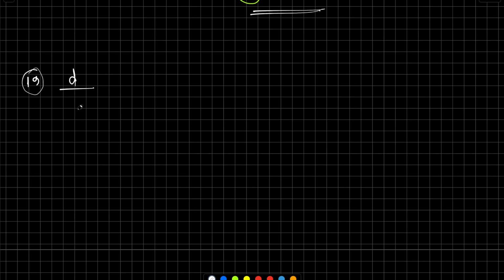d by dt of 5t to the power of 5 plus 4t to the power of 4 plus 3t to the power of 3 plus 2t to the power of 2 plus 5. I'm gonna skip power 1.